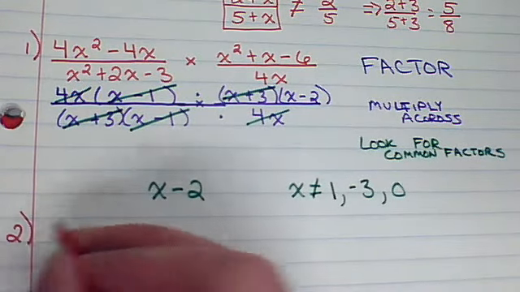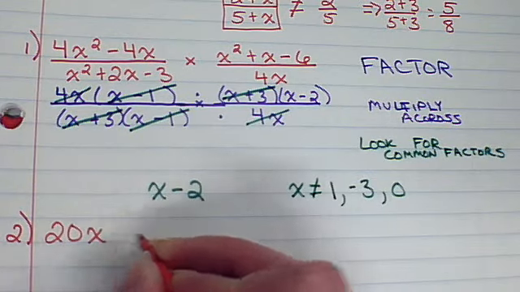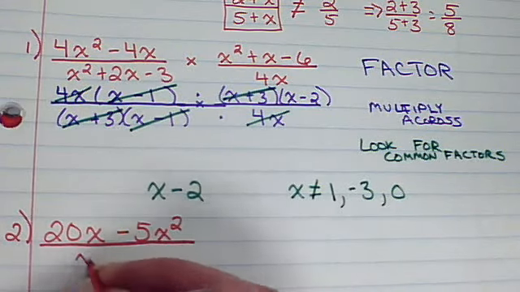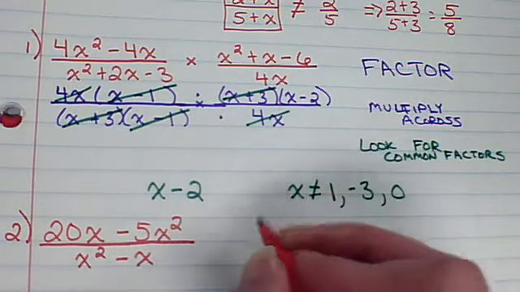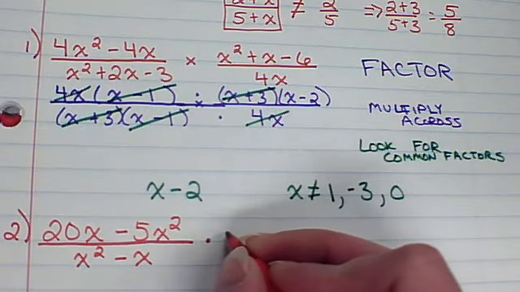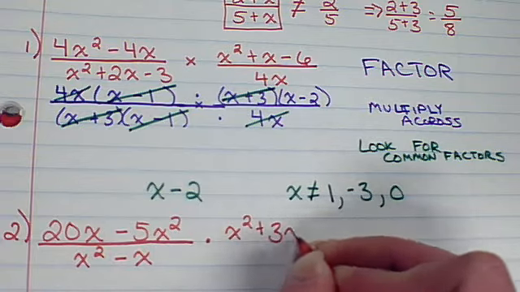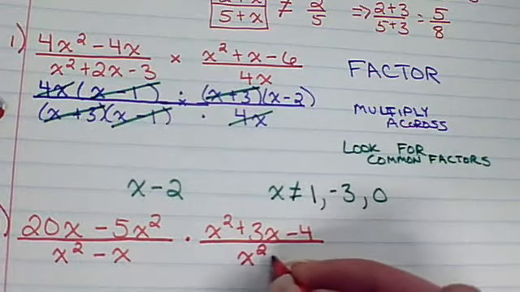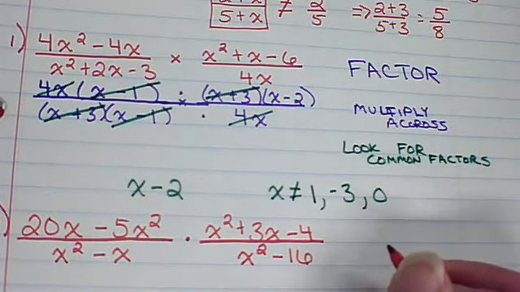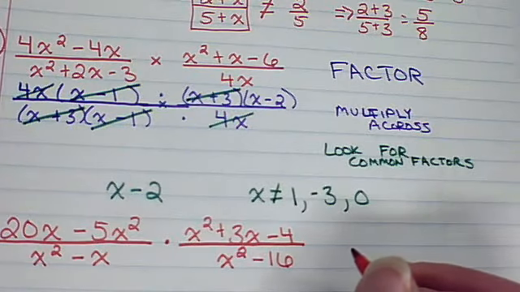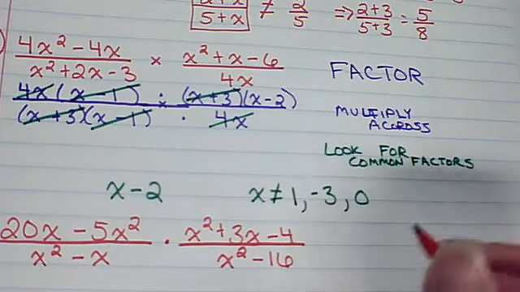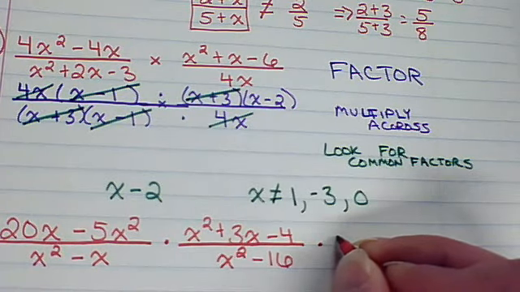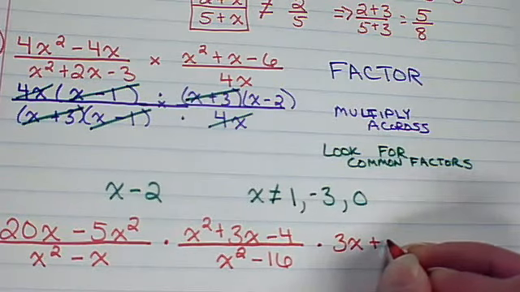Let's look at my next example. I'll do another multiplication and then we'll go on to division. 20x minus 5x squared over x squared minus x, times x squared plus 3x minus 4 over x squared minus 16, and then times 3x plus 12.